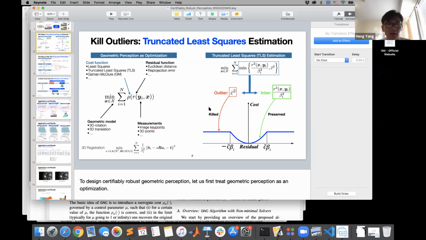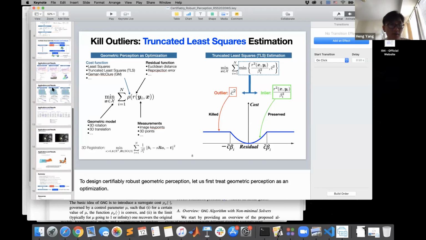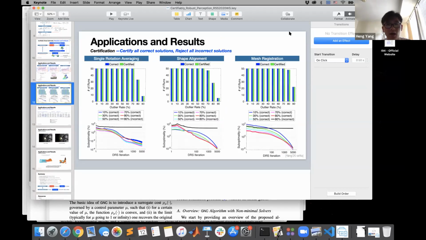If you just want to say when do I accept an answer and when do I reject an answer, as the graph that I showed in the plots, usually the graphs are actually very distinguished in terms of incorrect solutions and correct solutions. So when you do certification, even though you don't have perfect strong duality, it might not necessarily matter.